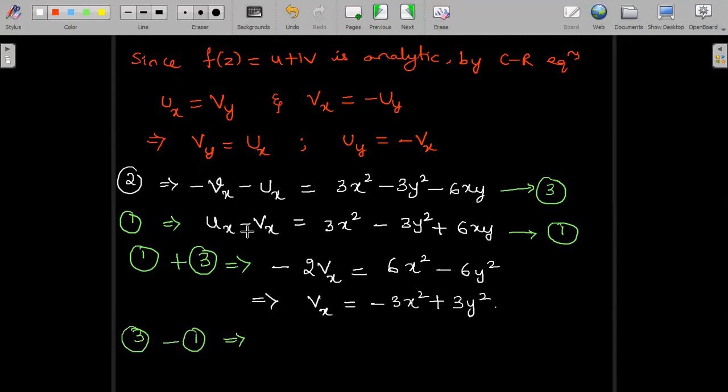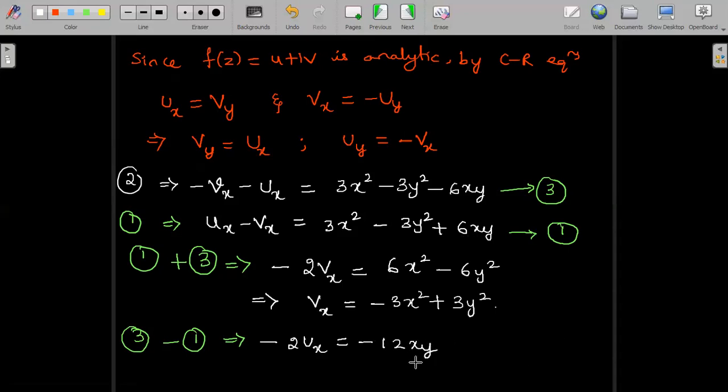So minus Vx, minus of minus Vx, so plus Vx. Minus Vx plus Vx get cancelled. Minus Ux minus Ux will give me minus 2Ux. Minus 2Ux is equal to 3x square minus 3x square get cancelled. Minus 3y square minus of minus, plus 3y square get cancelled. Minus 6xy minus of plus is minus 6xy. So 6xy get added up now. So we get minus 12xy.